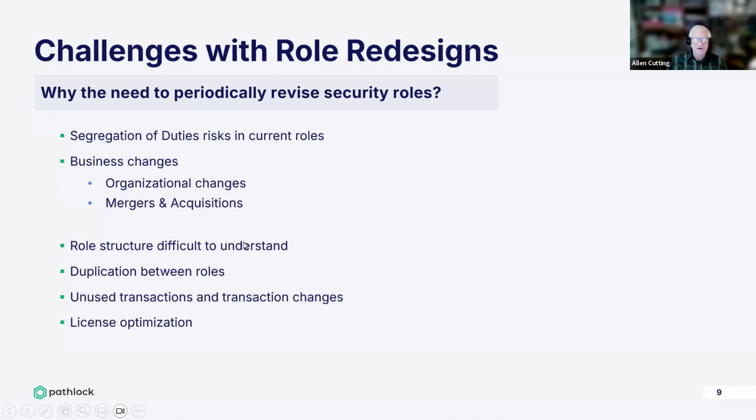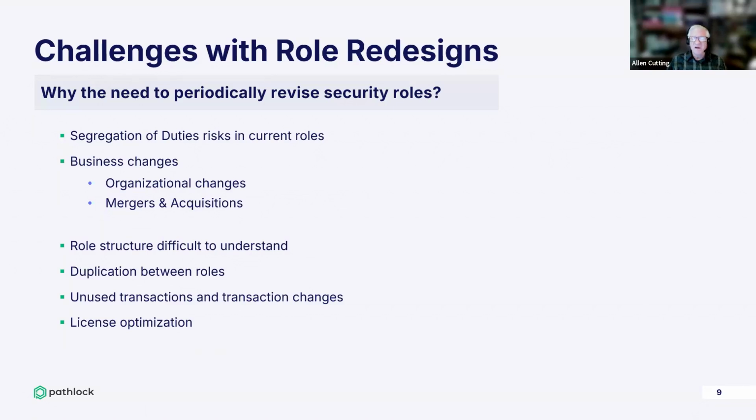Maybe duplication in the roles, unused transactions, outdated transactions. Finally, license optimization, which I think is going to become more important as everyone moves to HANA. There are changes coming down the pike with how licenses are assigned by SAP.